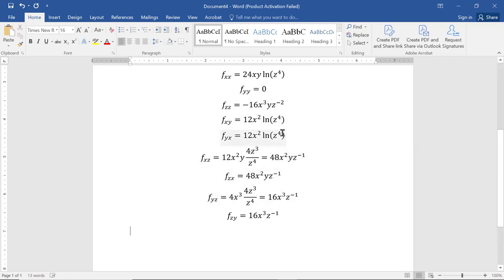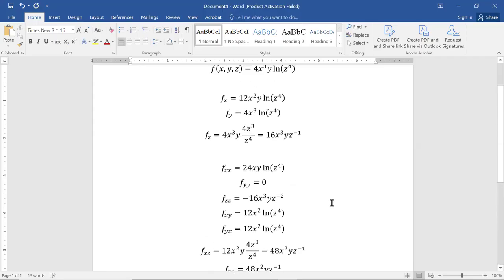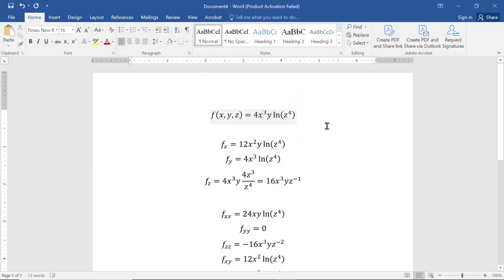So in every other case, all my mixed partial derivatives match up. Now in the last case, the YZ and the ZY case, they do match up. So that is how we can take first derivatives and second derivatives of functions with ordered triples as the inputs.